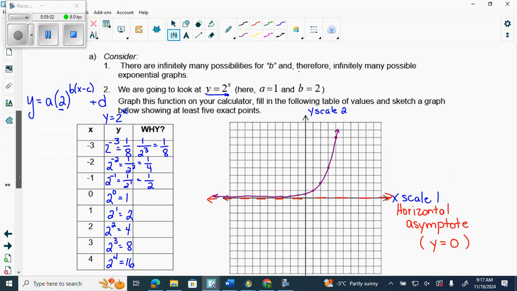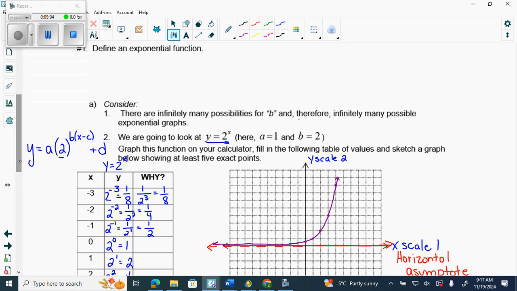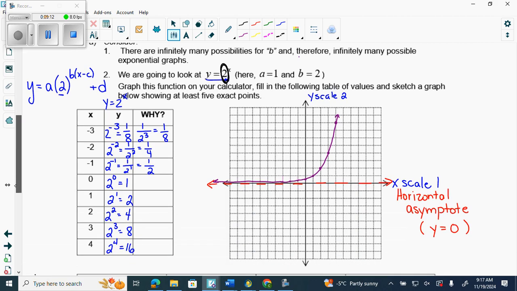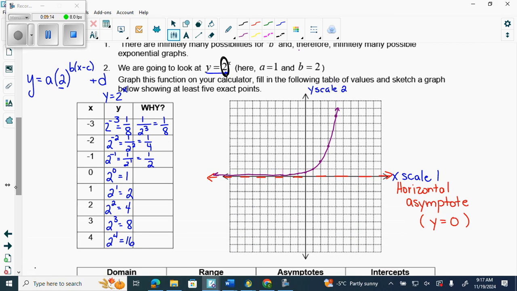Okay. So when they talk about b, they're talking about a is 1, b is 2. They're talking about this right here. Okay? Everyone's following along? Y1, 2 to the x. Y2, 3 to the x. Go. Press graph.